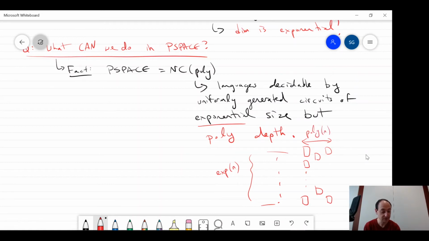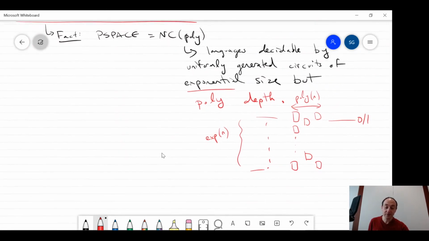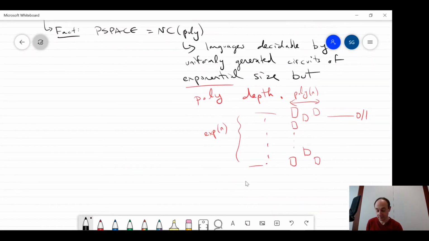That's what we mean by the depth being restricted. Then maybe there's an output qubit or classical bit and you're going to measure that. So this is roughly speaking NC poly. This is the characterization of P space we're going to think about. I'll say a bit more in a second.